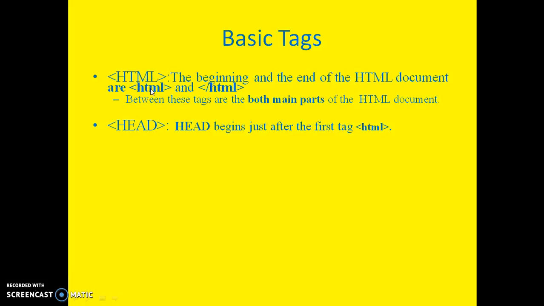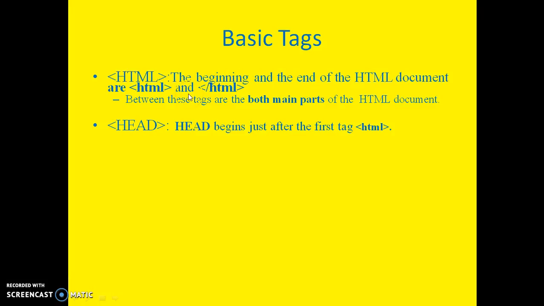I already told you every tag has an opening tag and a closing tag. So this is my opening tag for HTML, and this is the closing. At the start of my file I write this HTML tag, and at the end of my file I write the closing tag. Between these tags, the main parts of your HTML will be written.